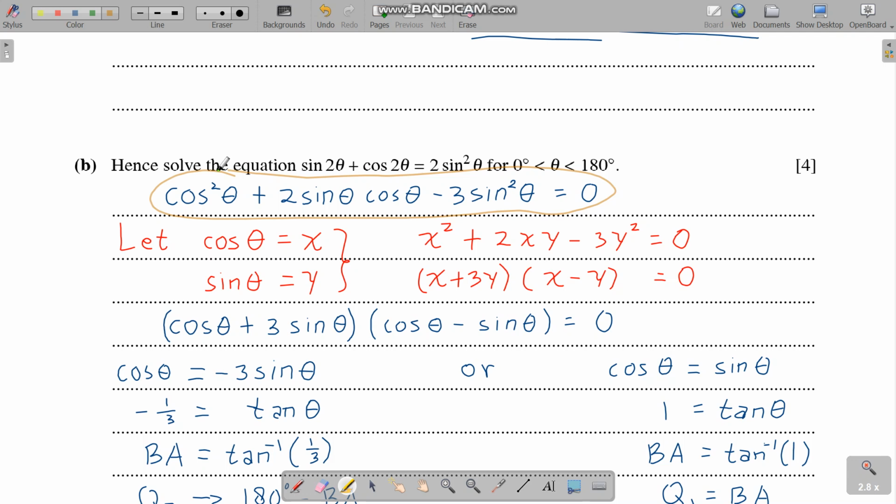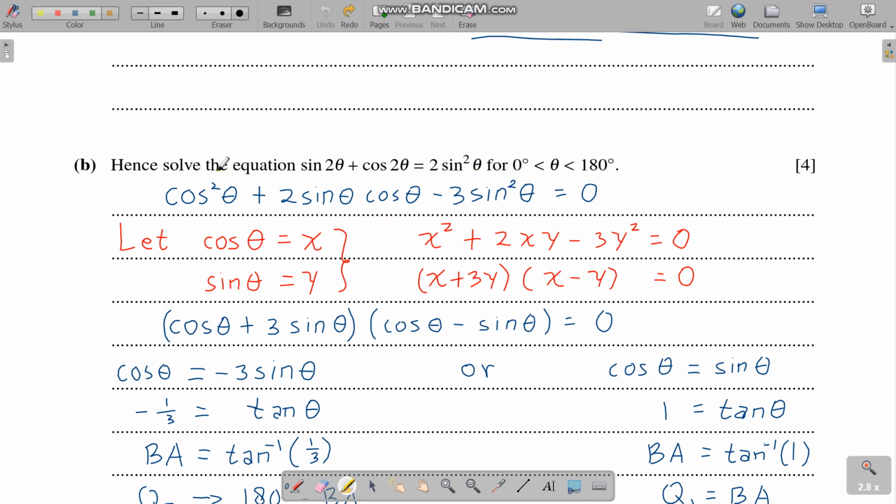Now if this is confusing, just simplify things. Let's say this cos theta is x and the sine theta is y, so the equation becomes x squared plus 2xy minus 3y squared. This is just the usual quadratic.